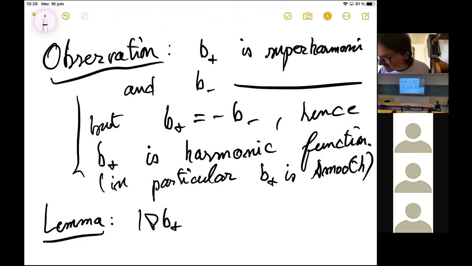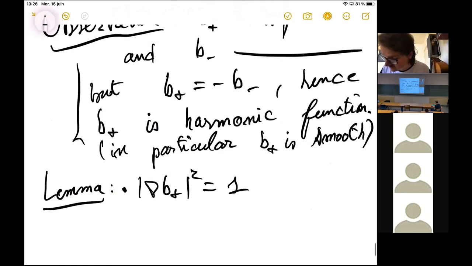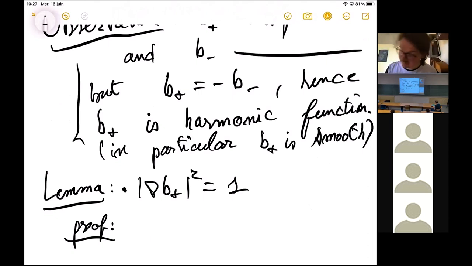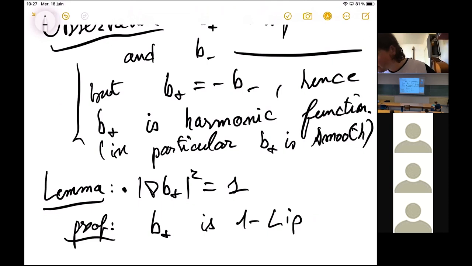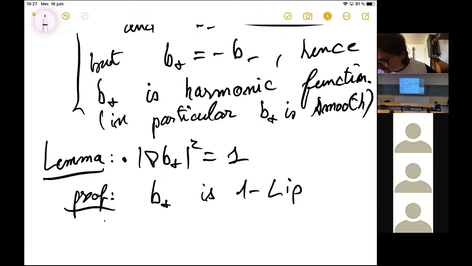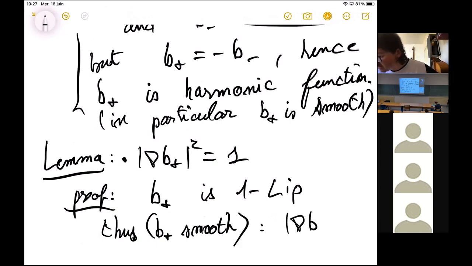Let's prove that the gradient of b plus is constant and equal to 1. This is not complicated. First, as a limit of 1-Lipschitz functions, b plus is 1-Lipschitz. Since it is smooth, the gradient of b plus is at most 1.